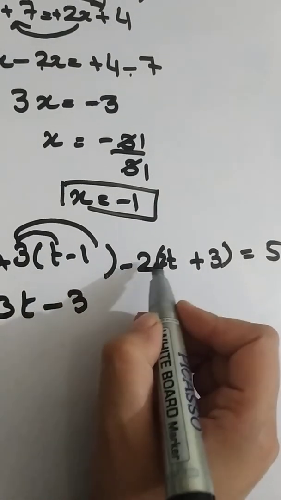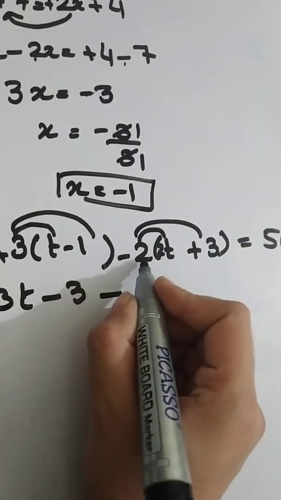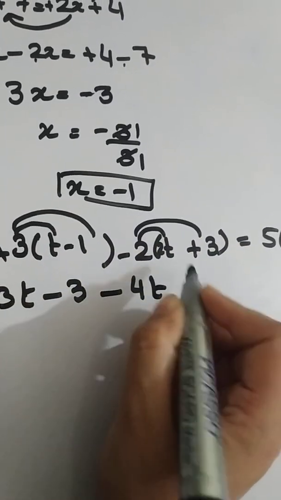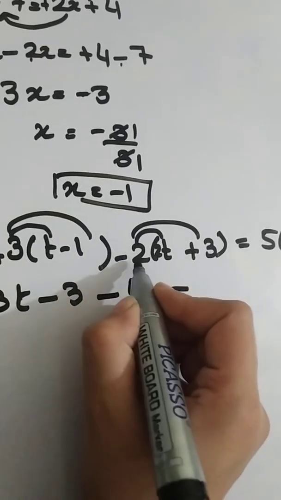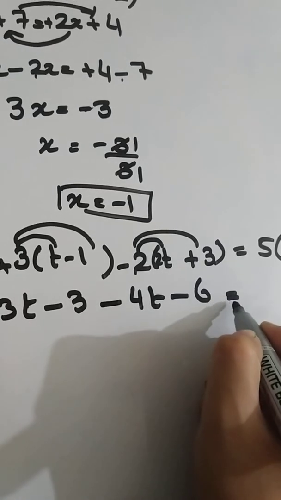Now minus plus is minus, 2 will multiply with both terms, 2 2s are 4 and t will come as it is, plus minus minus, 2 3s are 6. Equal to sign will come as it is in the next step.